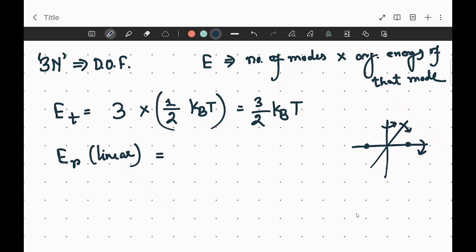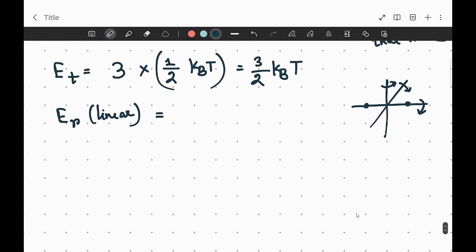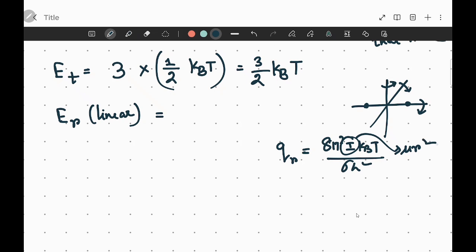If you remember QR, what was QR? 8 pi square I kBT divided by sigma h square, right? What is I? I is mu R square. What is this R? This R is the distance between the axis and the molecule.